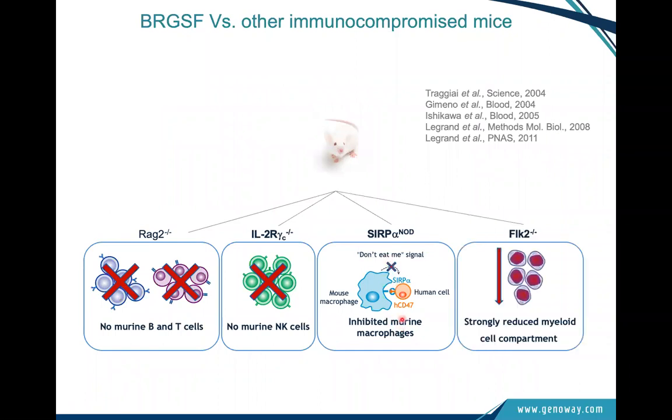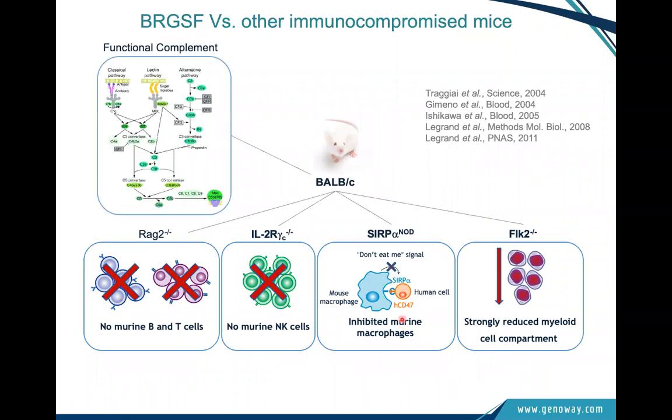It has a deficient mouse macrophage compartment, and it has a functional complement cascade due to the background. All of this will be highly reflected in the immune system that you're going to see in those mice.